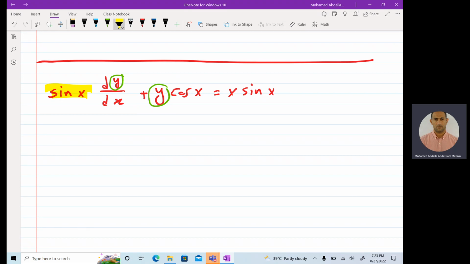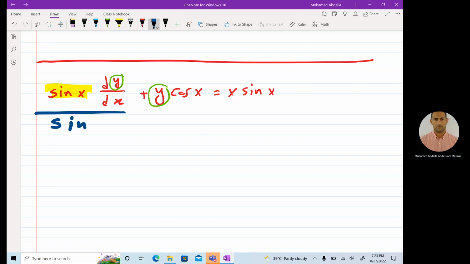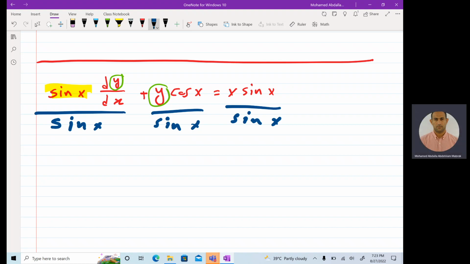So let's divide everything by sine x. So this will lead to dy by dx plus cosine x over sine x times y equals x, since the sine x will go.